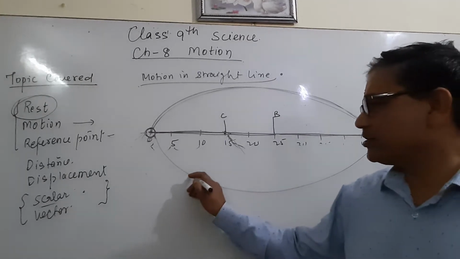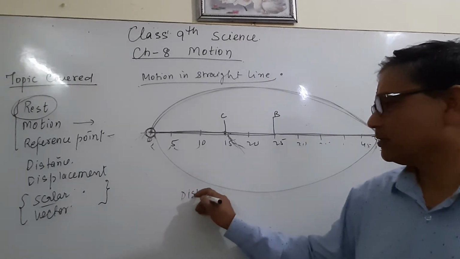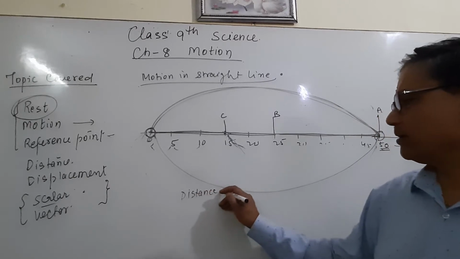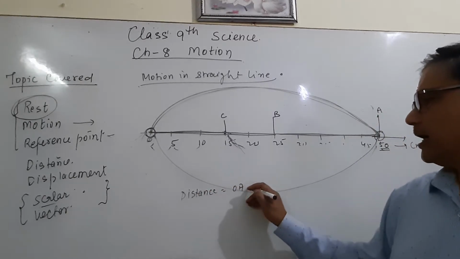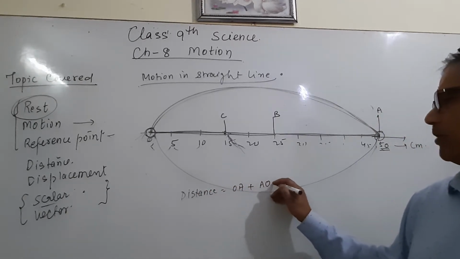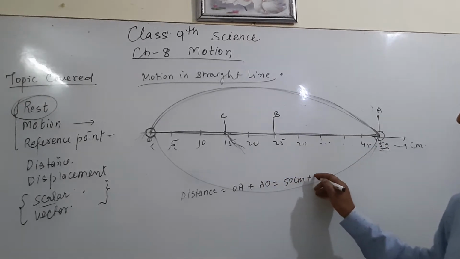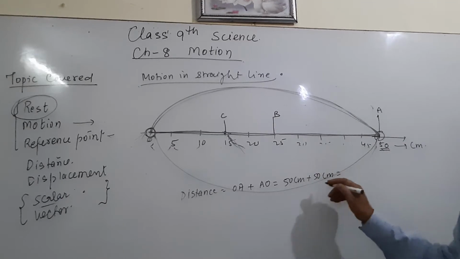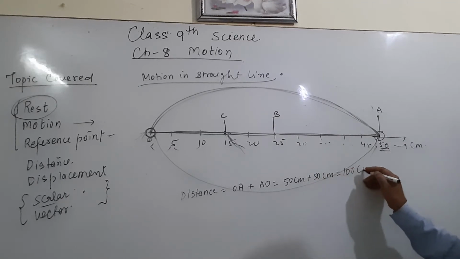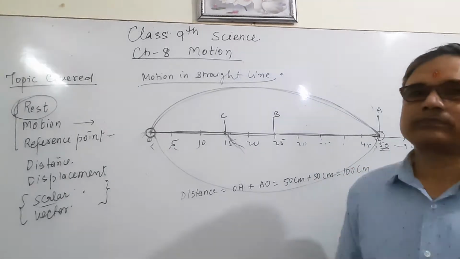What is the distance? I start from O to A and then come back A to O. The distance is 50 centimeter plus 50 centimeter, which is equal to 100 centimeter.